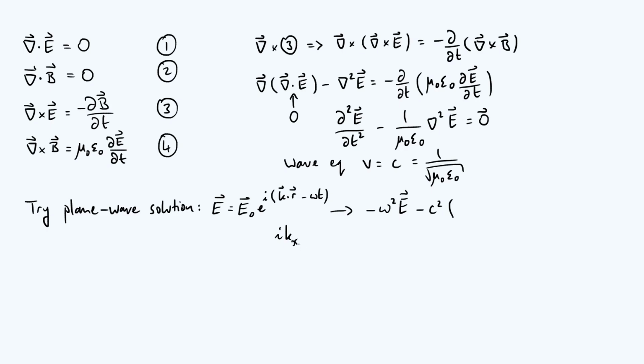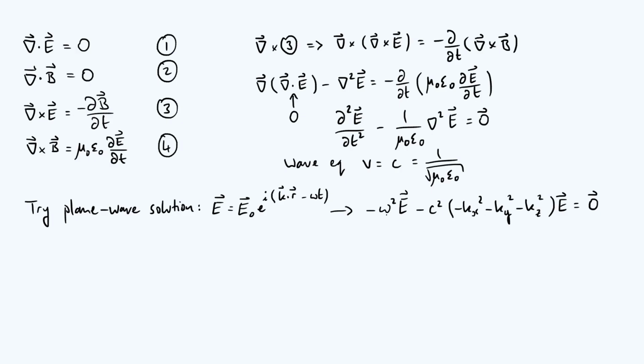If you do that twice, you get that whole thing squared, and i squared is minus 1. So you get a factor of minus k_x squared. And then, of course, an identical method for the y and z derivatives. So I get minus k_y squared minus k_z squared, all of that multiplied by the original electric field, and that's supposed to be the zero vector.